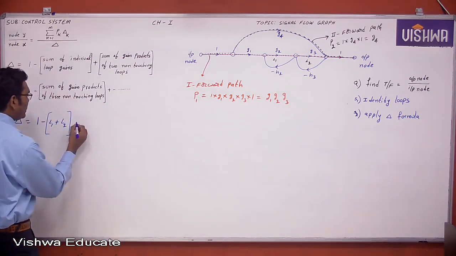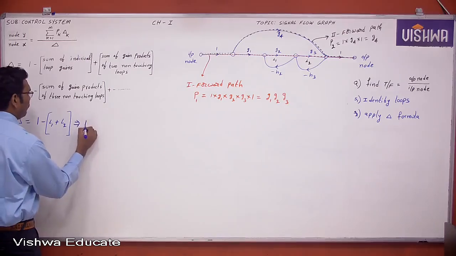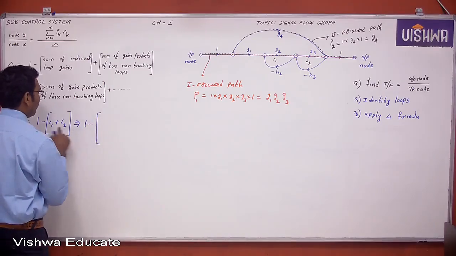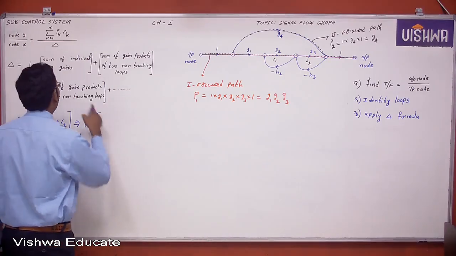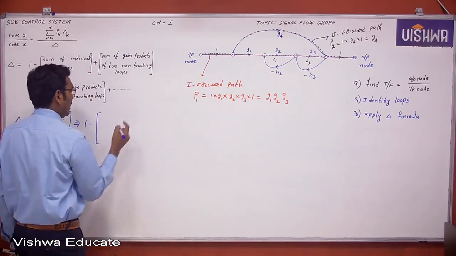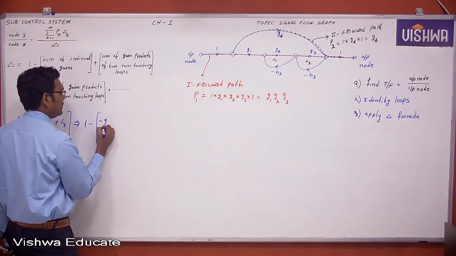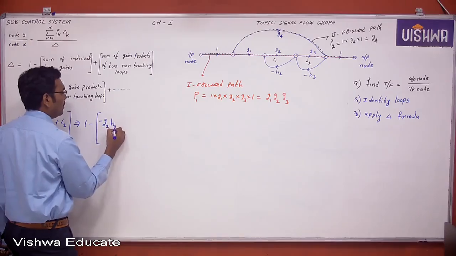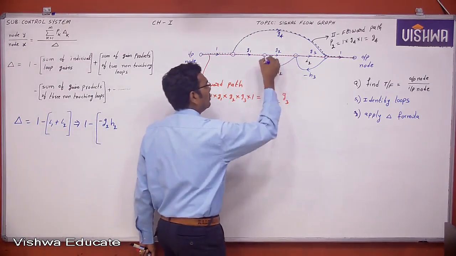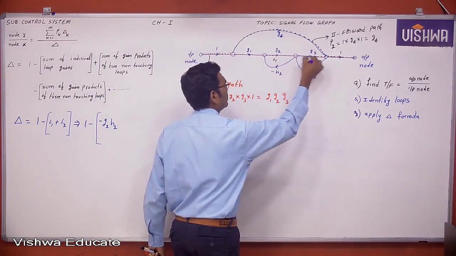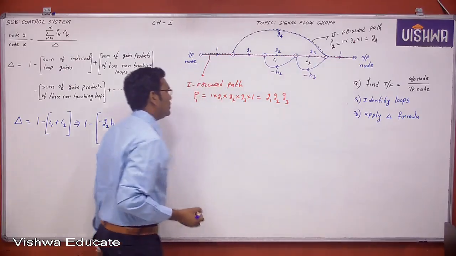So finally, what is delta? See here, delta is 1 minus the sum of individual loop gains. L1 gain is minus G2 H2. This is a loop gain. This is the second loop gain, minus G3 H3.